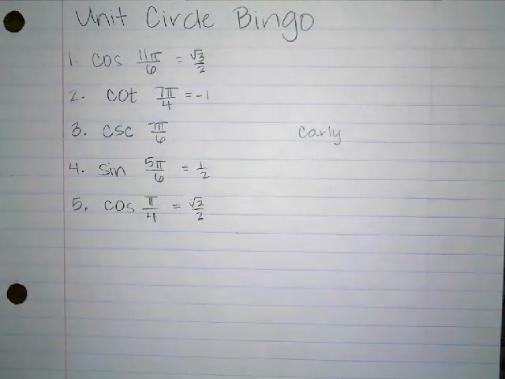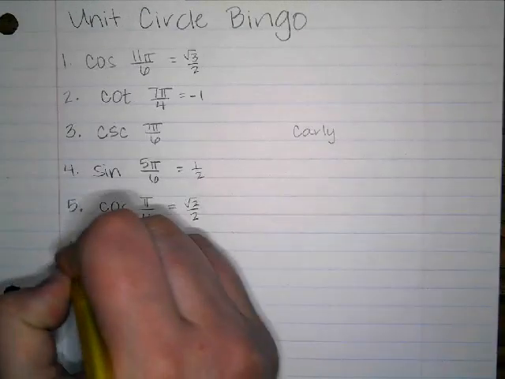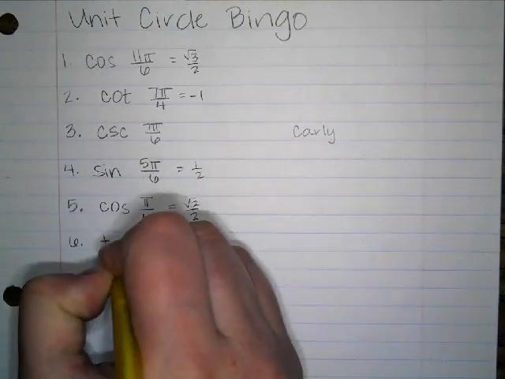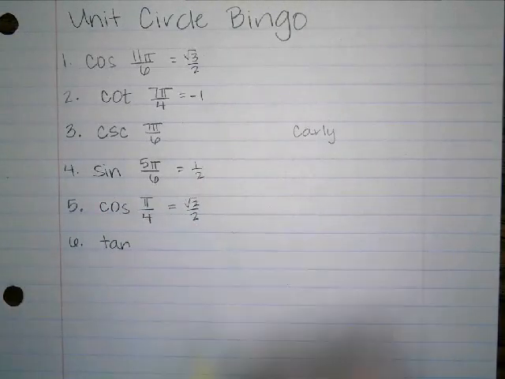All right, next one is tangent. You can keep going. We're going to keep going with the same color. We're going to get one more bingo and then we'll start over.